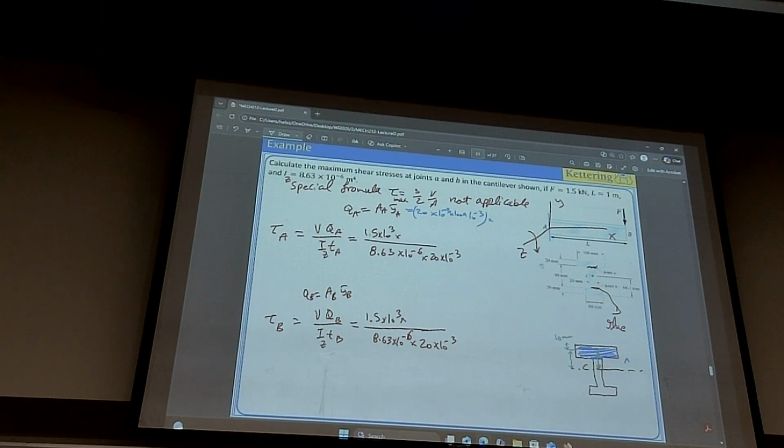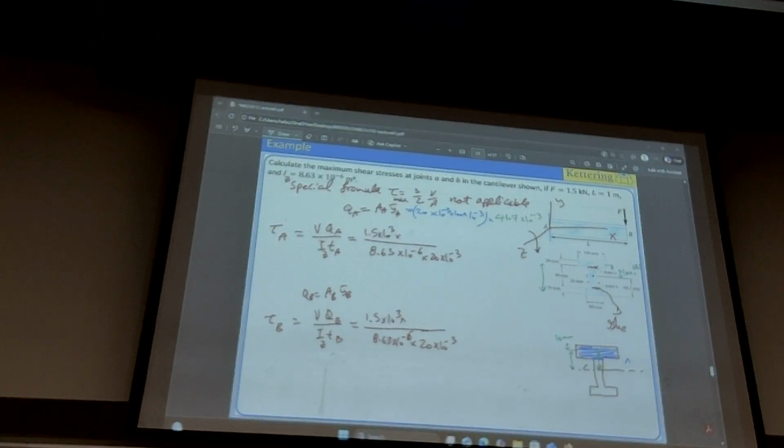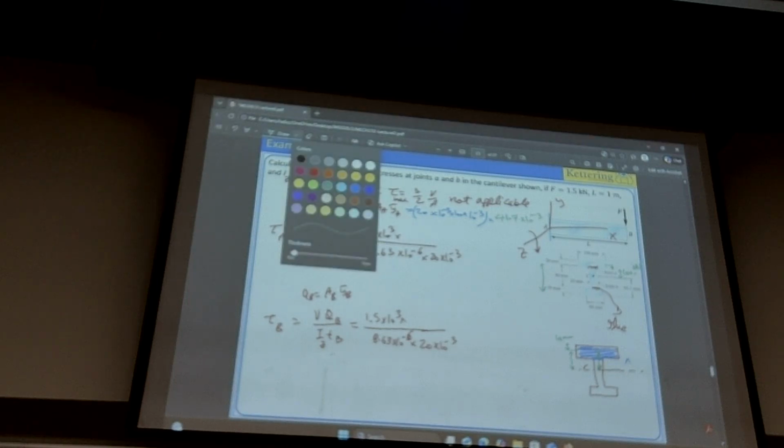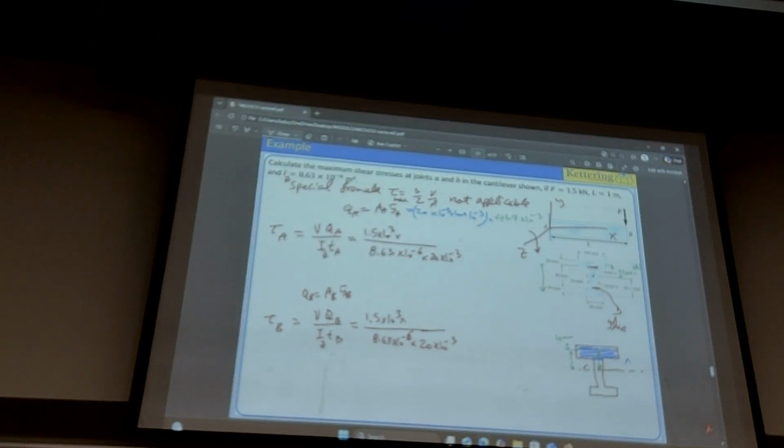We know that all of this is 100, and from here to here is 100 minus 68.3. Adding this little 10 to that, it gets 41.7. So QA, if you multiply these numbers, you get 8.34 times 10 to negative 5.